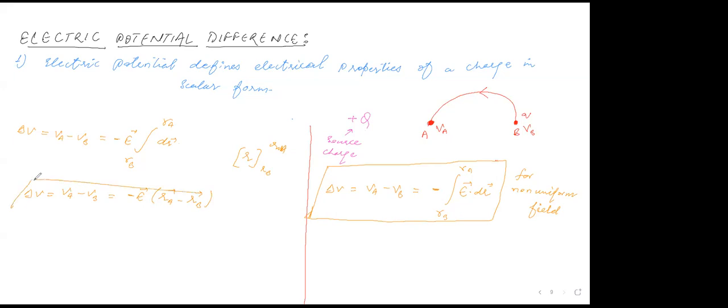This is a definition of electric potential difference in the form of position vector.